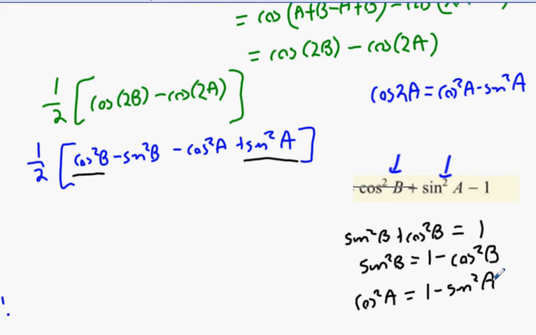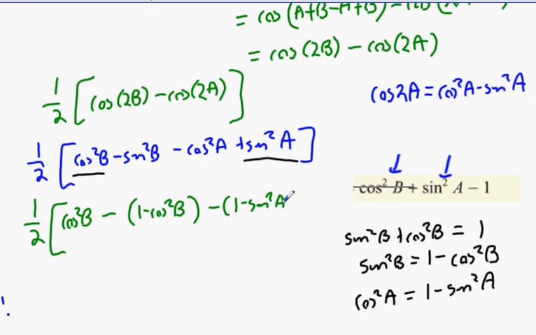So, here's what we're going to get. We're going to put in a half, cos squared b minus, what am I putting in here? That one. And then for the cos squared a, minus sin squared a. Look what's about to happen. Cos squared b plus another cos squared b.